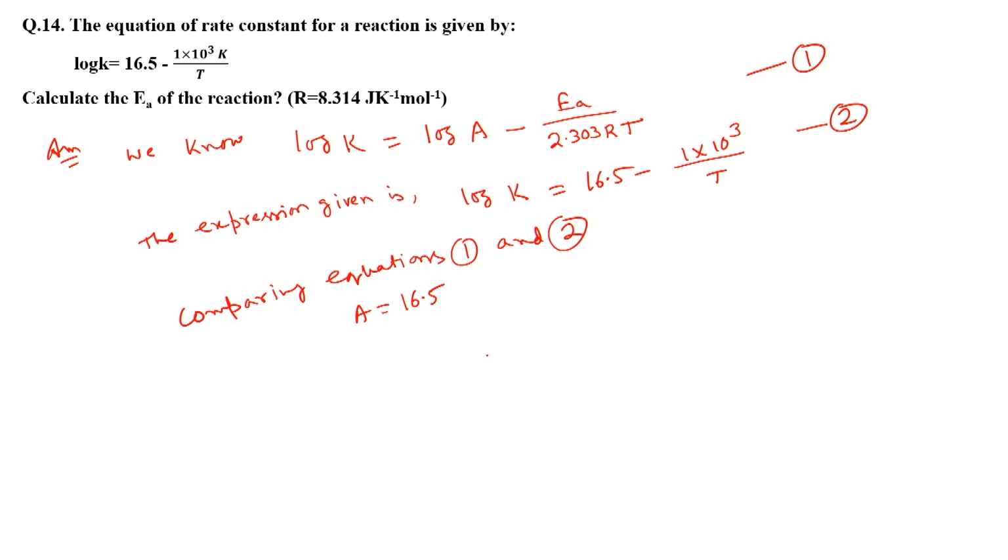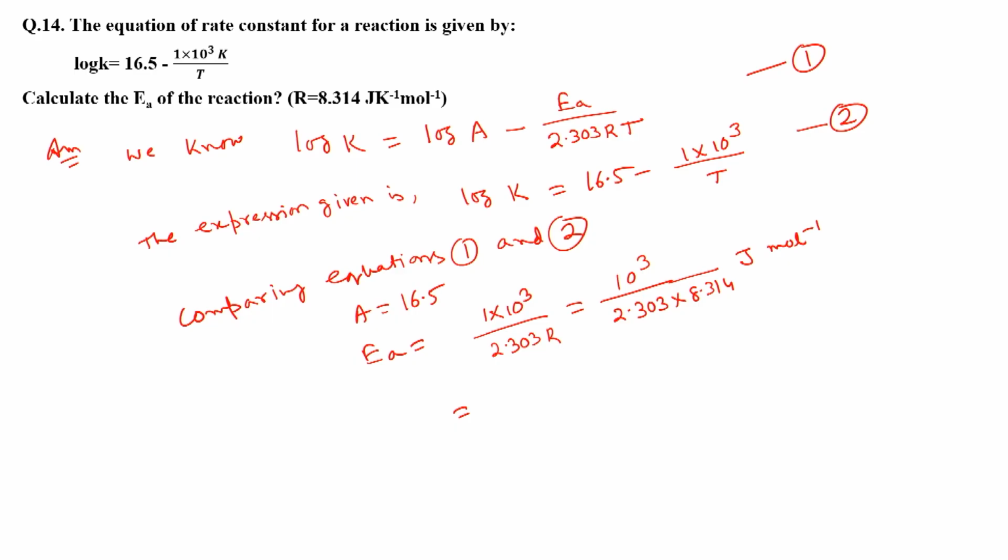So, the pre-exponential factor is 16.5 and the value of EA is 1 times 10 to the 3 by 2.303 R, so 10 to the 3 by 2.303 times 8.314 joules per mole.